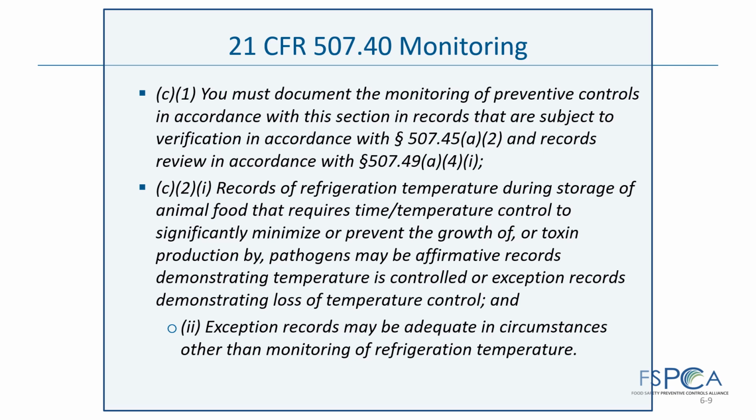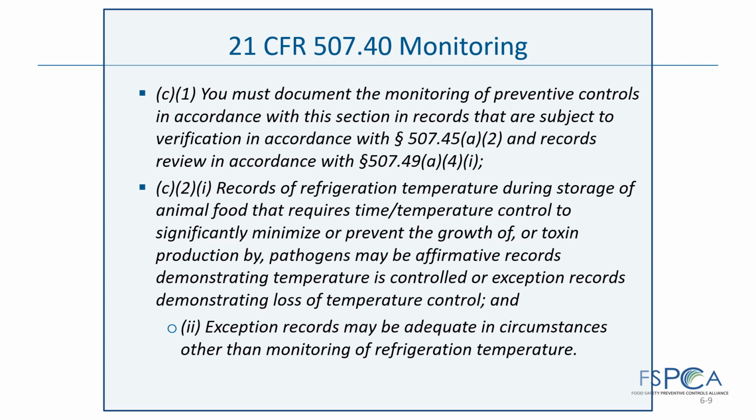And an exception record is a record that is produced only when you go outside of your parameter values. So we don't need to be generating records that my refrigerator was within my parameter temperature 24/7 for the last 3 months. I can choose to use exception records that say my refrigeration temperature went outside of my parameter values in this 30-second time period within the last 3 months.